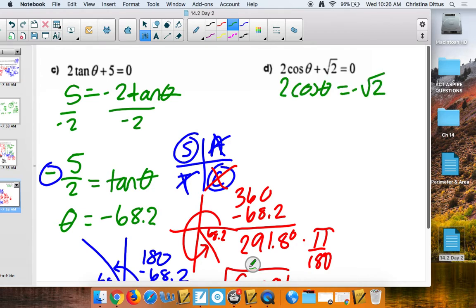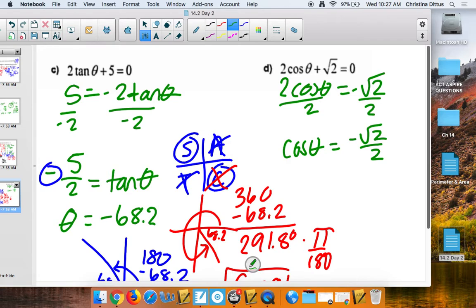Now how do I solve? Divide by 2. So I have the cosine of my angle is negative square root of 2 over 2. Oh my goodness. Does that look familiar? What angle has a leg of square root of 2 over 2? 45.